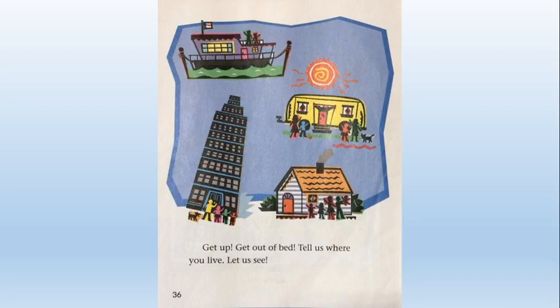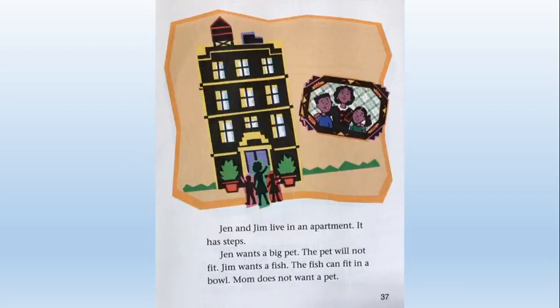Starting with, for example, get up. You have to get up. Doesn't matter where you live, you have to get up in the morning. You have to do your activities. As you can see here, we have different types of homes. We have an apartment, yeah.